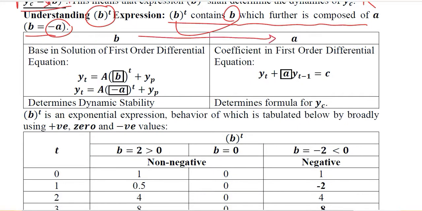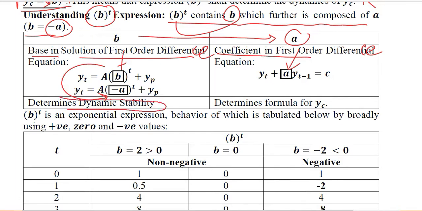This is the difference between the two. b is actually the base in the solution of the first order difference equations, whereas in the other situation, a is the coefficient in the first order difference equation, that is, a is here, whereas in the solution we have b, which in turn is equal to the negative value of a.